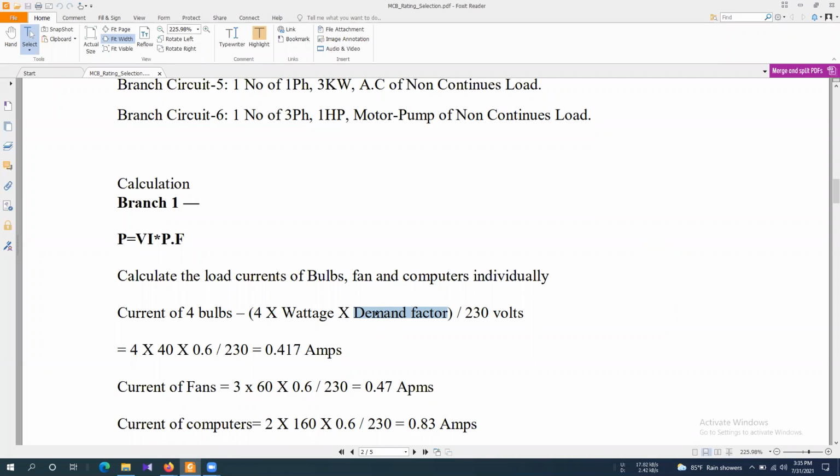If you do not consider it, the calculation is still okay. But by considering the demand factor, you are limiting the currents, because you are not assuming that all the loads will run at a time. So the value of the current is a little bit smaller, the rating of the MCB will be smaller, and that will save money. All right. Understood? Yes, sir.